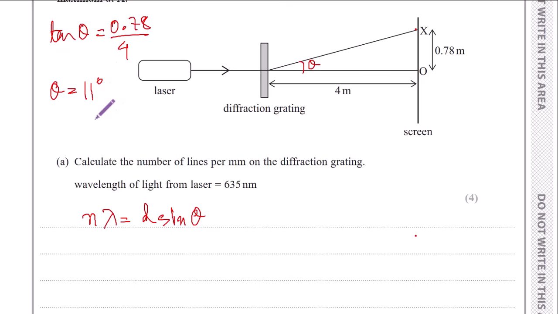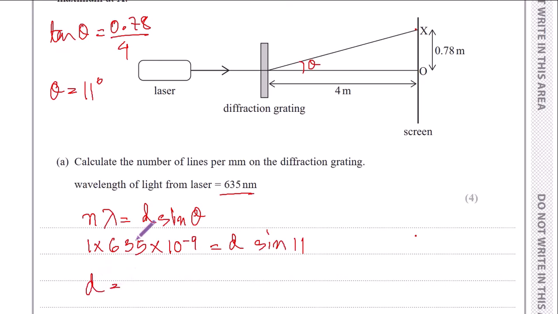degrees, and like I previously said, since you are measuring the distance from the central maximum to the first order maximum, the value of n is 1. So basically 1 times lambda, which is 635. Definitely you have to convert nanometer to meter by multiplying with 10 to the power minus 9, equals d sine, and we just found the angle, 11.